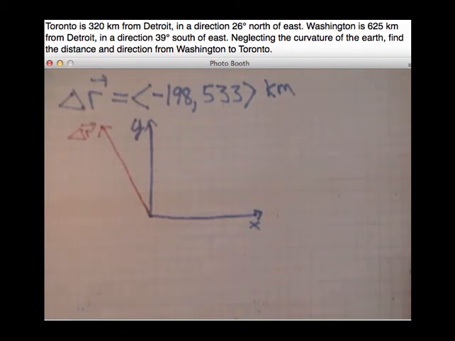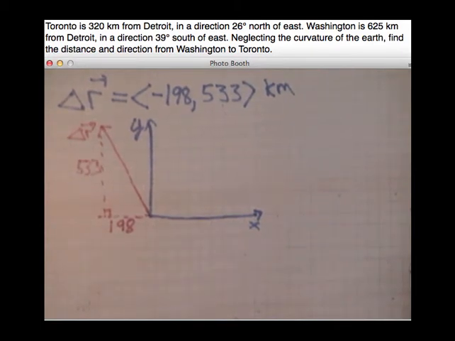Notice it has a negative x component and a positive y component, so delta R points into the upper left quadrant. And in this figure we can label two distances here. The horizontal leg of this right triangle that I've just drawn has a length of 198 kilometers, and the vertical leg of the right triangle has a length of 533 kilometers.